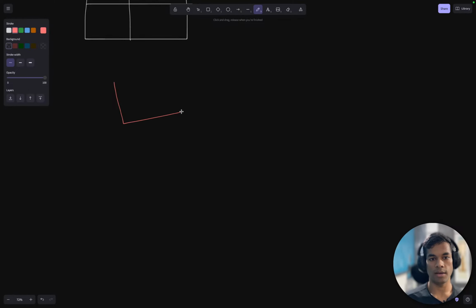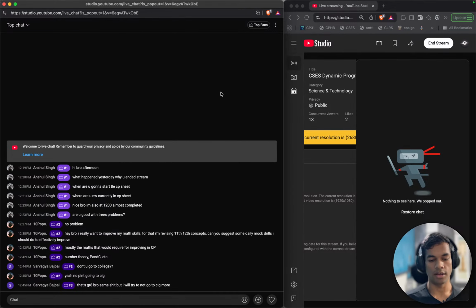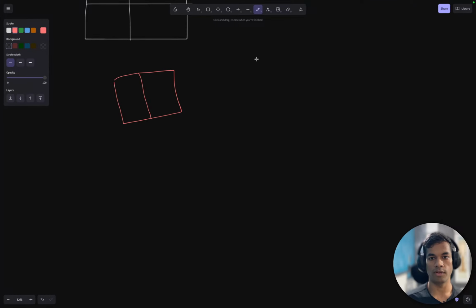When you are at a particular row, let's say, which has 2 cells, then there are some choices, and one of them would be to make it a block, right? This is one choice.